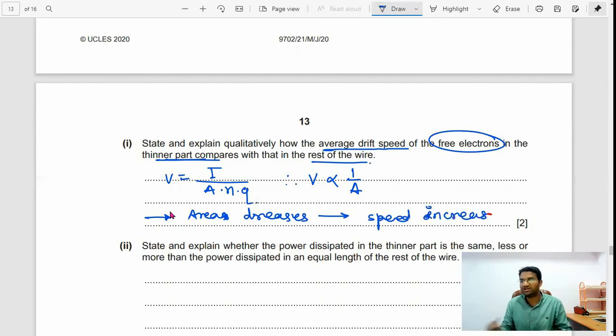So an inverse relation is there. For these two steps you will get the marks. Okay, so this is how you can put out the answer for this question.